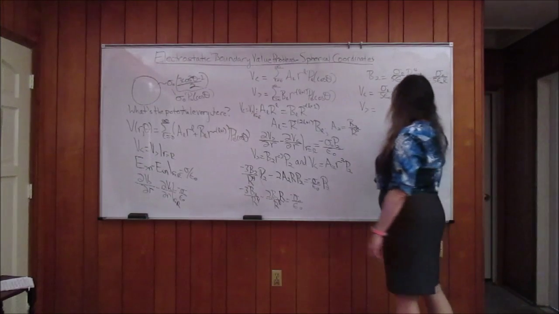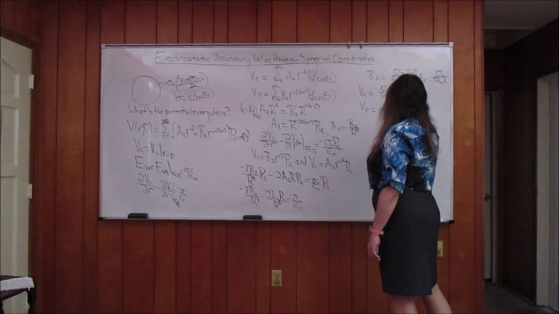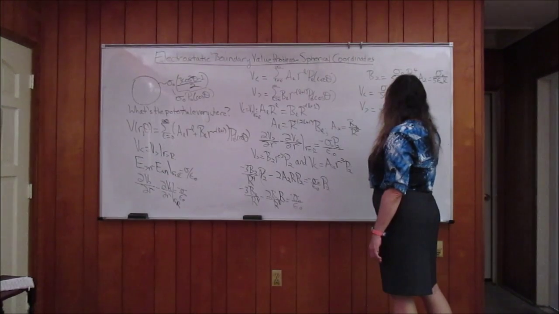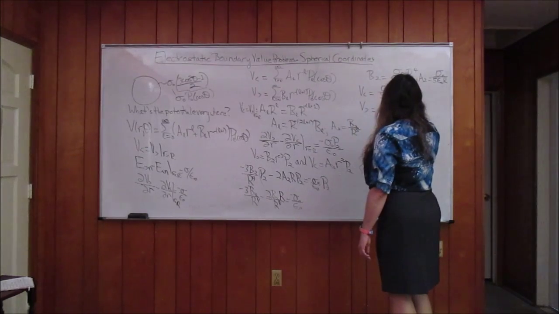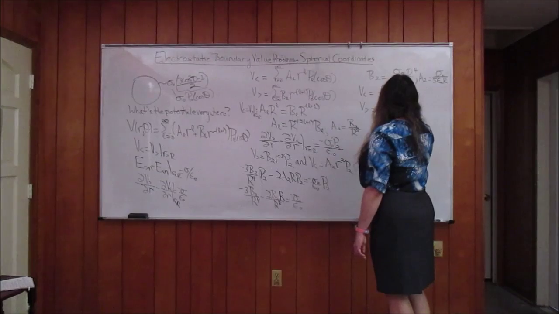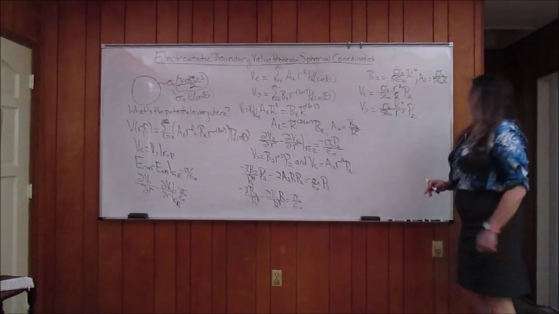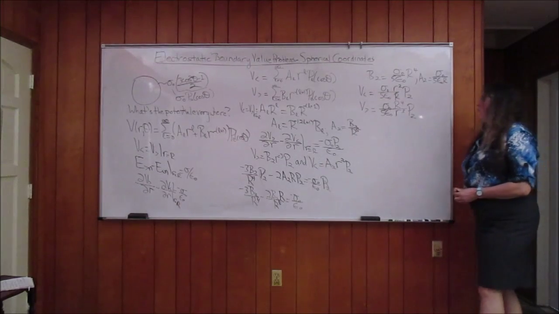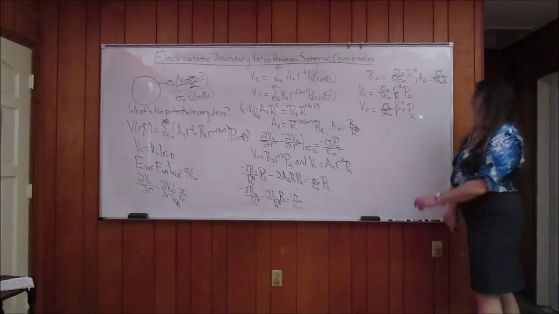Exterior solution equals sigma naught over 5 epsilon naught, radius of the sphere to the fourth power over r cubed, times P2.